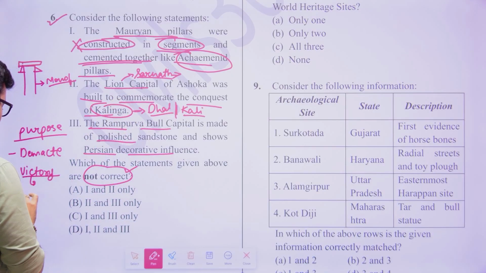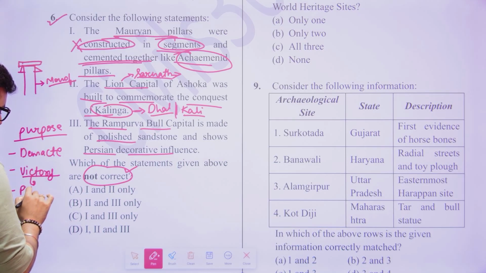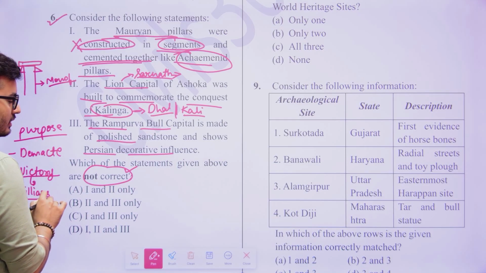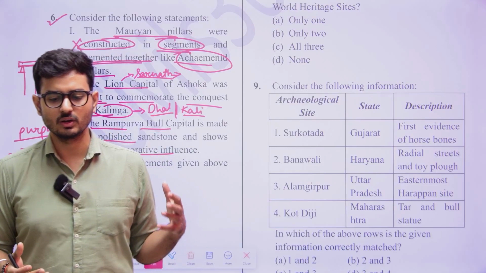But the third aspect was that Ashoka also constructed pillars to commemorate Buddhism, and the life and places associated with Lord Gautam Buddha.